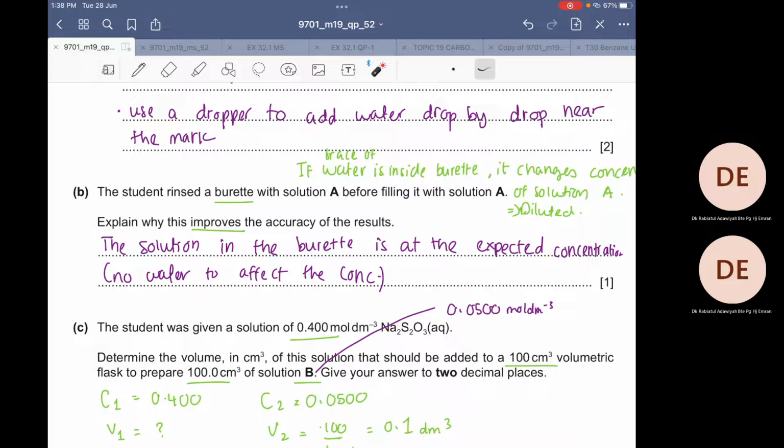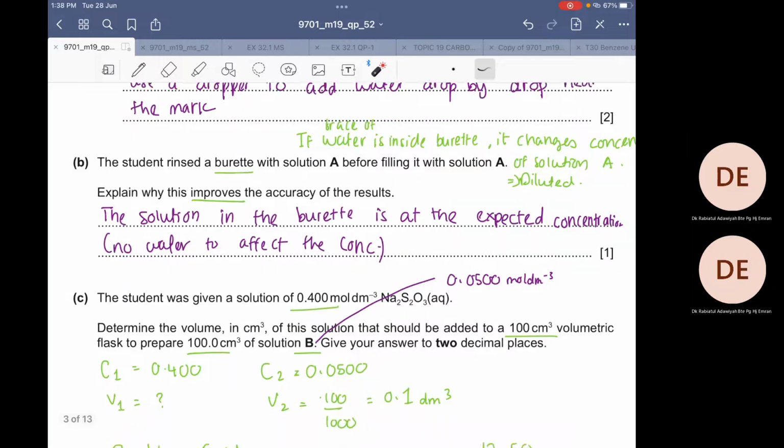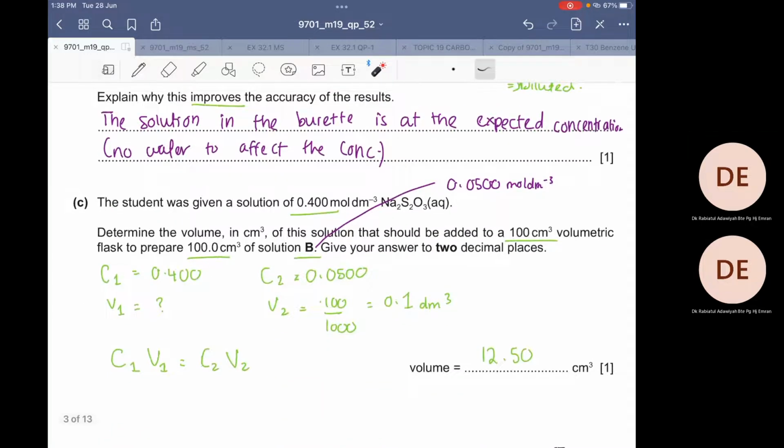In this case, we want it to go down to 0.05. V2 is the total or the final amount of that solution that you want to make. So C1, V1, C2, V2, you should get an answer of 12.50 centimeter cube. Okay, so I've given you all the information. All you have to do is to just work it out.